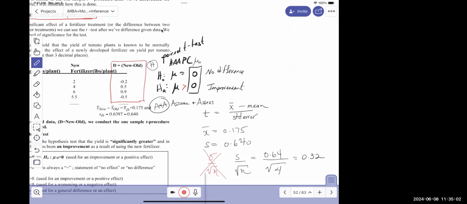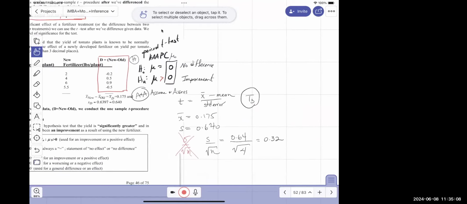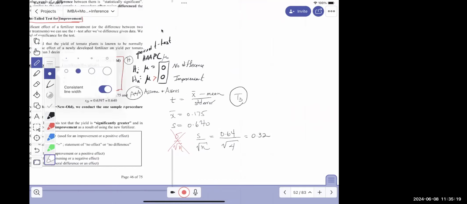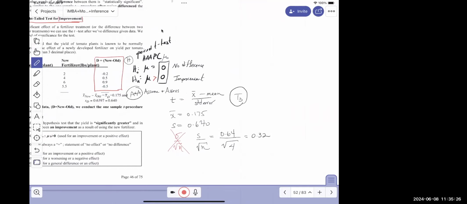Always when we talk about t, we have to use T3, because n was 4, we have to use T3. Are you ready? Next step, p-value.